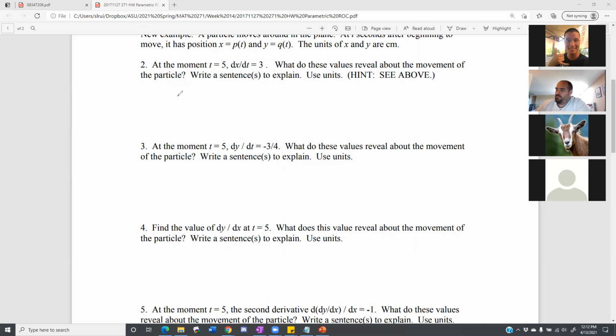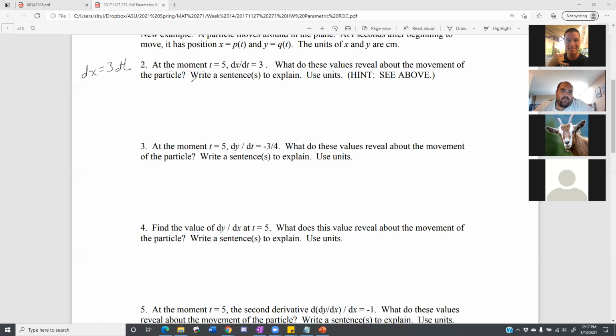I put, given a small change in t near t equals 5, the rate of change of time is 3 times that of the rate of change of the particle. And in formula, I said dx equals 3 dt. So I'll put that over to the side here: dx equals 3 dt.